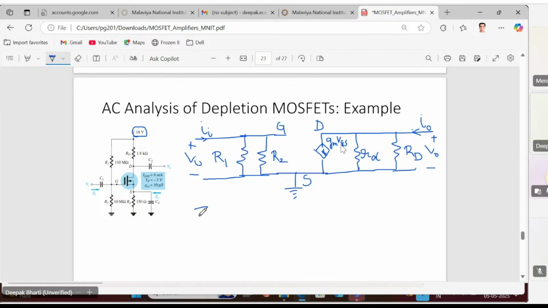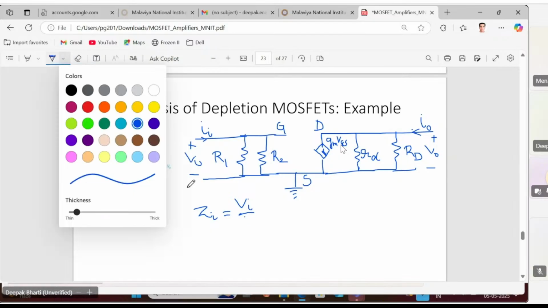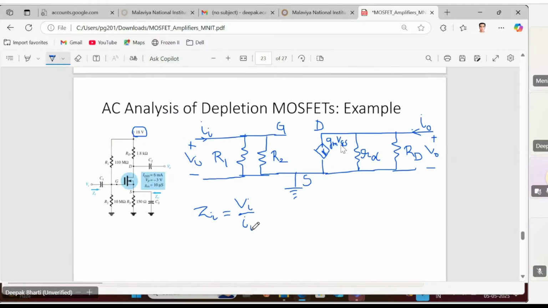So what is Zi? We have determined Zi will be the ratio of Vi and Ii. If you notice here, the II current itself is divided in R1 and R2.